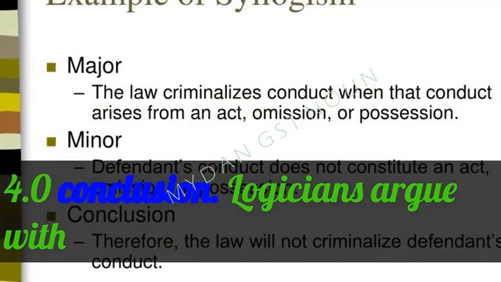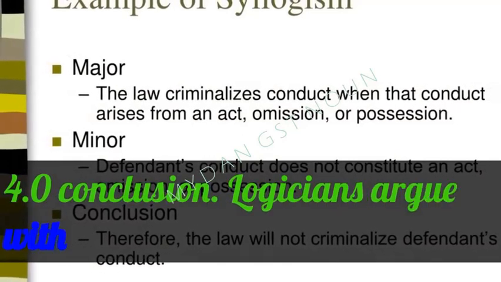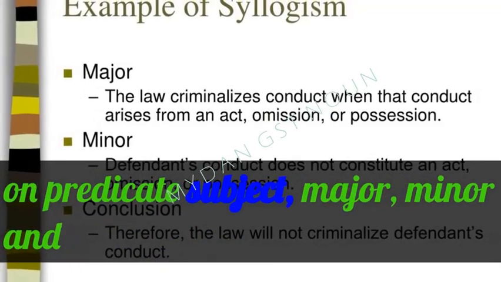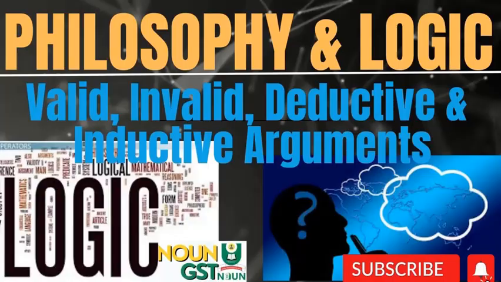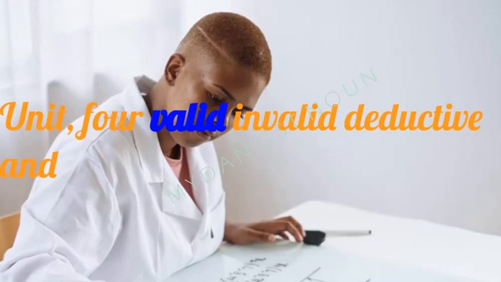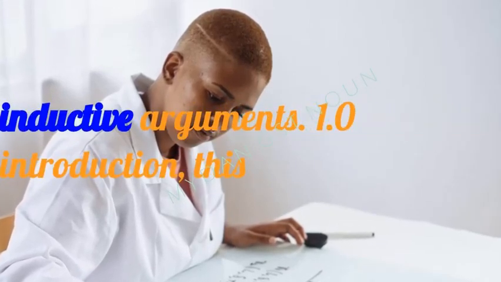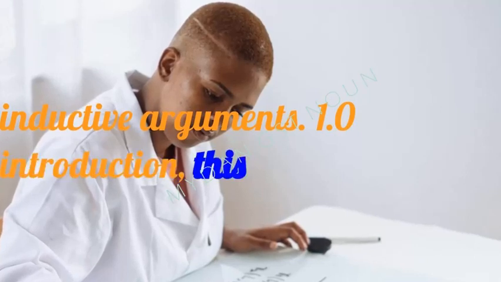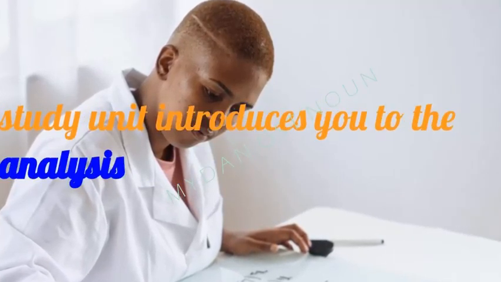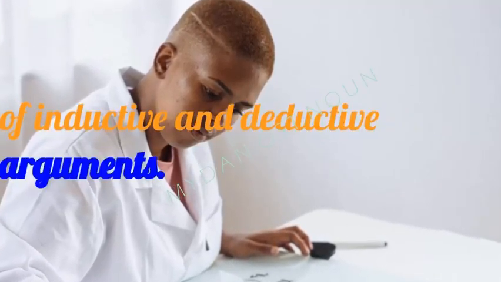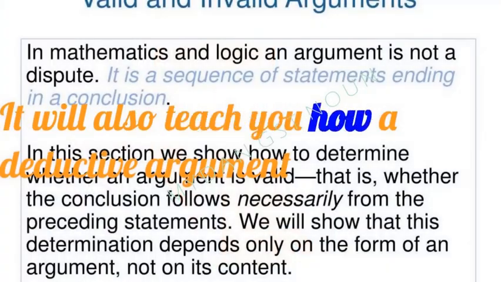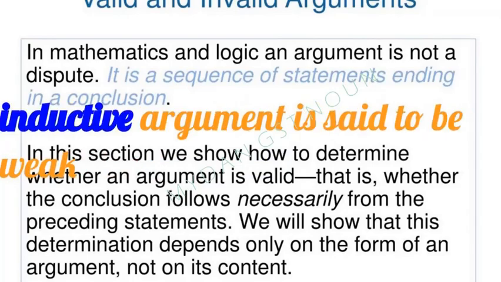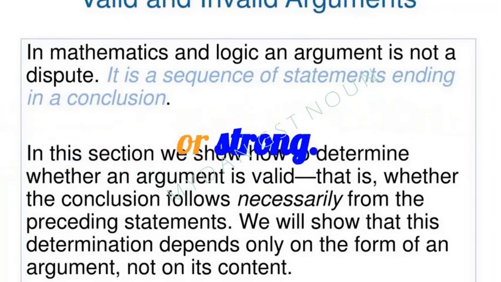4.0 Conclusion. Logicians argue with subject or predicate terms, with major emphasis on the predicate: subject, major, minor, and middle terms. Unit 4. Valid, invalid, deductive, and inductive arguments. 1.0 Introduction. This study unit introduces you to the analysis of inductive and deductive arguments. It will also teach you how a deductive argument is said to be valid or invalid, and how an inductive argument is said to be weak or strong.